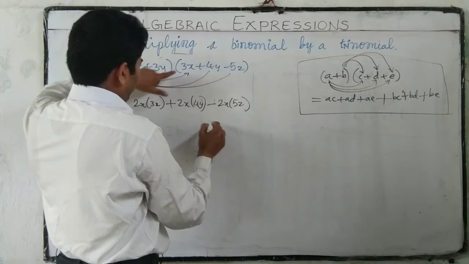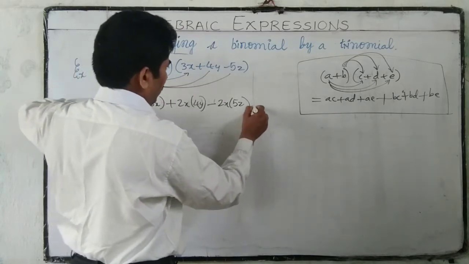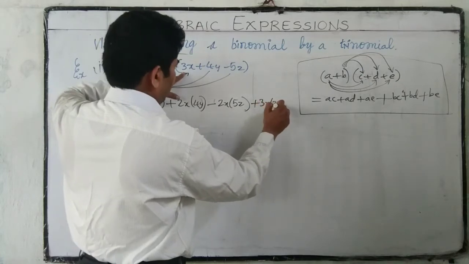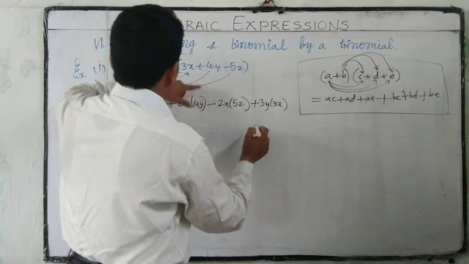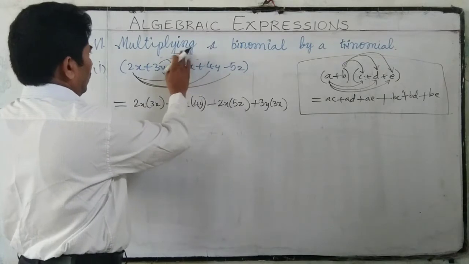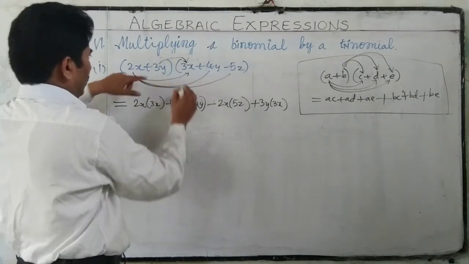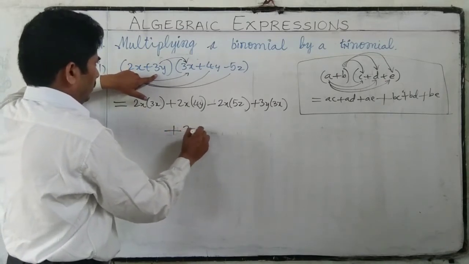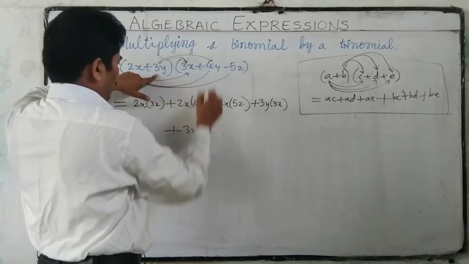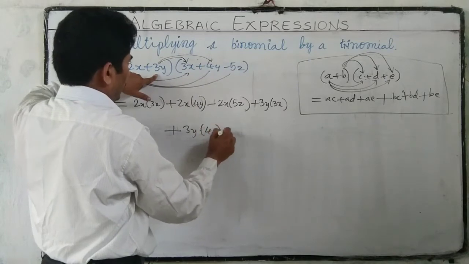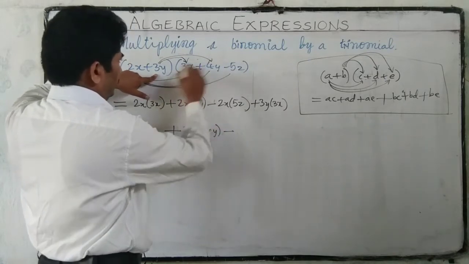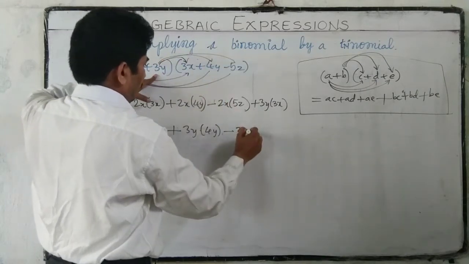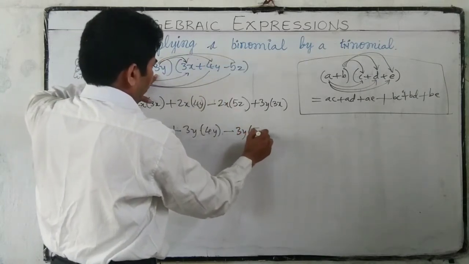Plus into minus, plus into plus, plus. 3y into 3x, plus 3y into 4y, plus into minus, minus 3y into 5z.